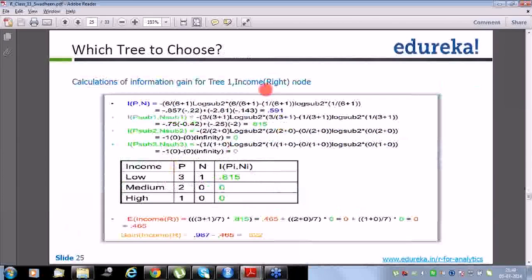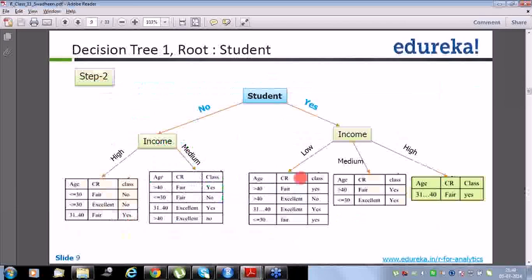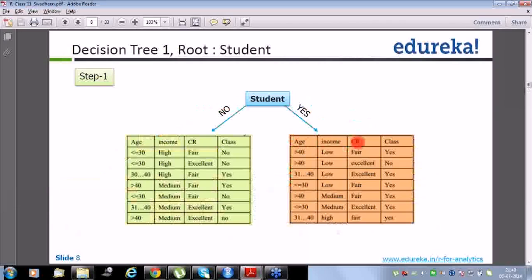And the same is explained for the right node. In the right we have 3 income categories: low, medium, high. So even on the right it would try to figure out which one to keep, age, income or CR. So it chooses the node at each level based on the information gain and based on the entropy.